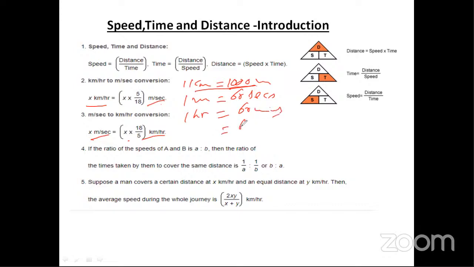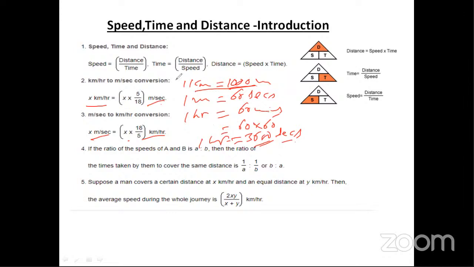Same way, 1 hour will have 60 into 60 seconds, that is, 1 hour will be equal to 3600 seconds. So we should know these basic things to convert.